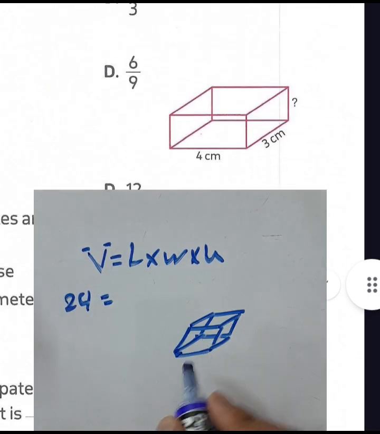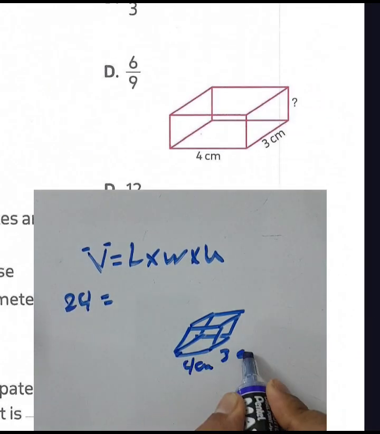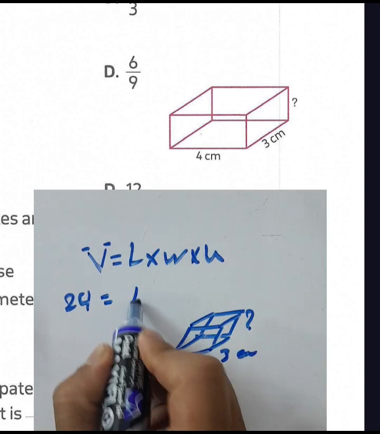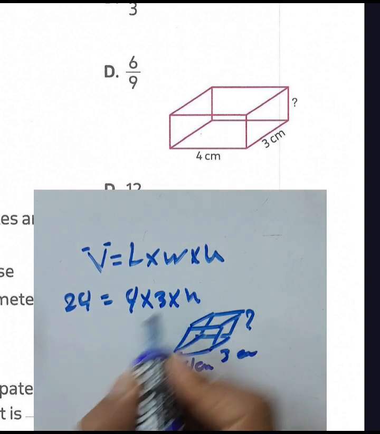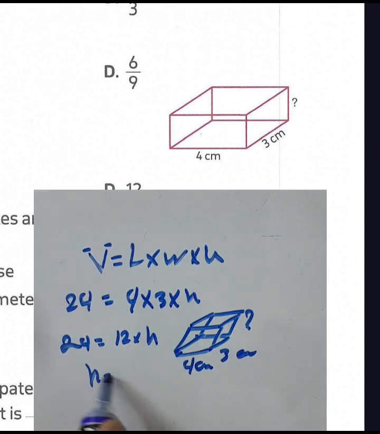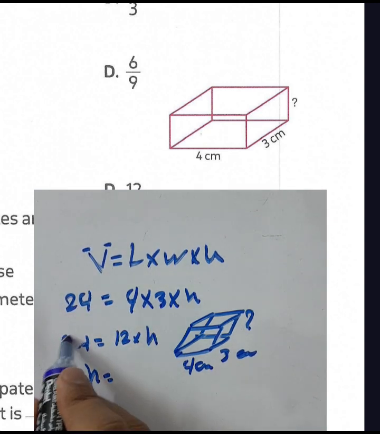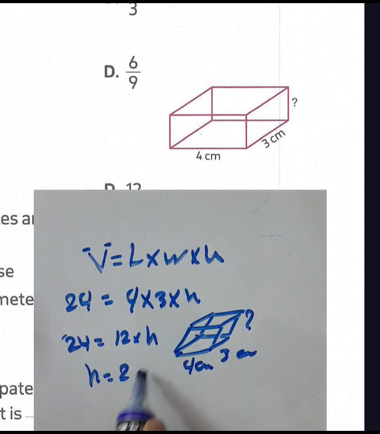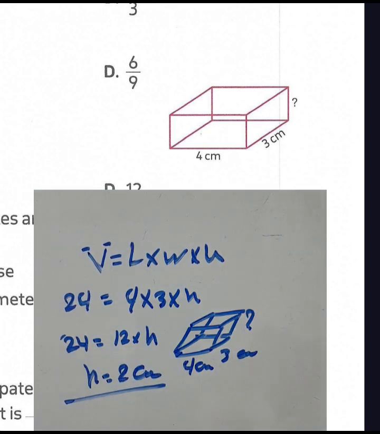It's the height, okay, 4 and 3 and a question mark. We can write 4 multiplied by 3 multiplied by the height. Then 24 will be 12 multiplied by the height. This height will be 24 divided by 12, it will be 2 centimeters. The result will be, the height will be 2 centimeters.